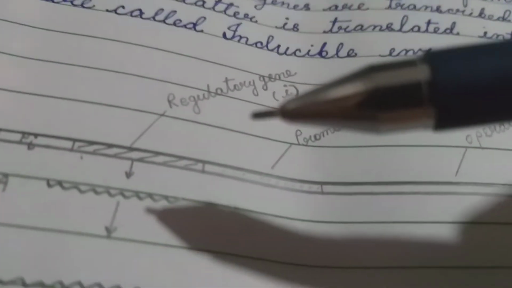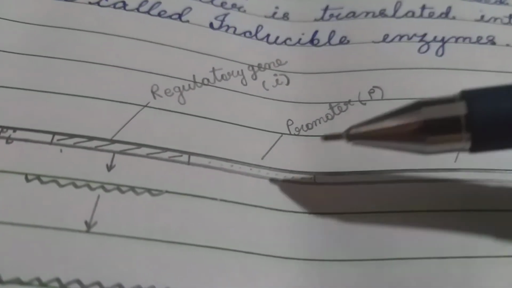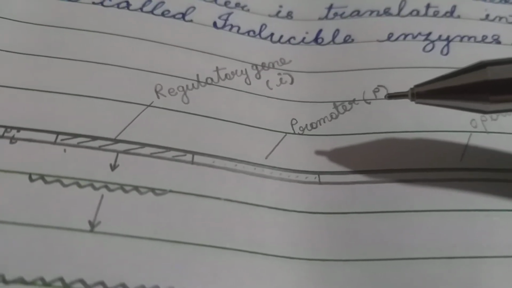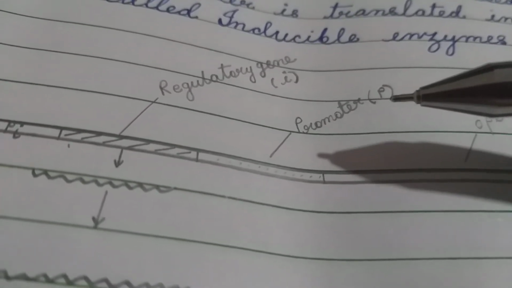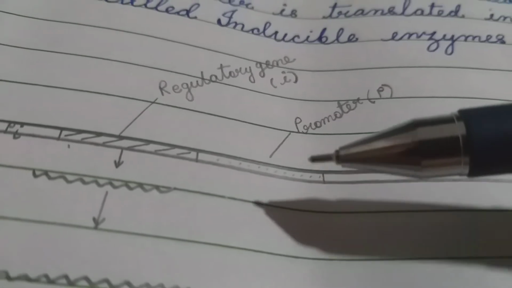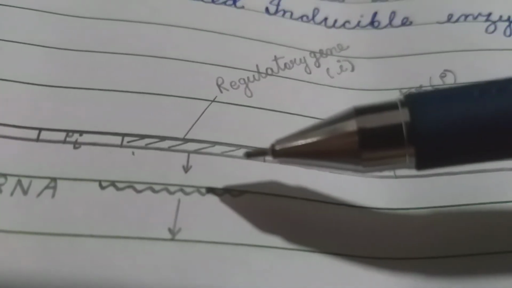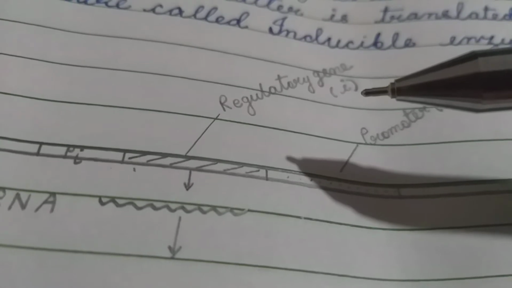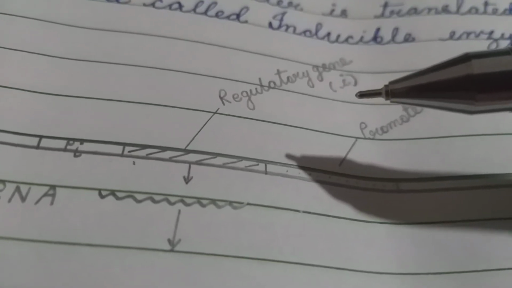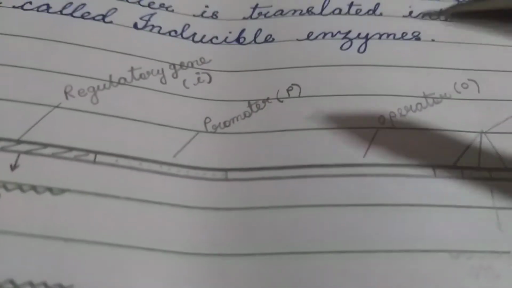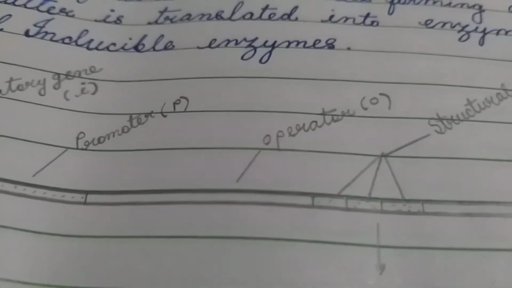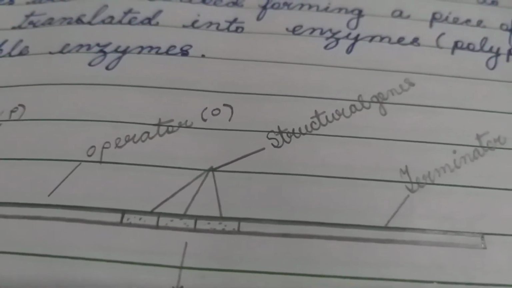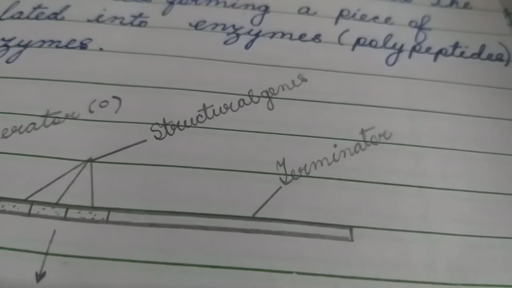Adjacent to the operator gene is the promoter gene, P, promoter. Adjacent to the promoter gene is the regulatory gene, represented by small i. So: regulatory gene, promoter gene, operator gene, structural genes, terminator gene.